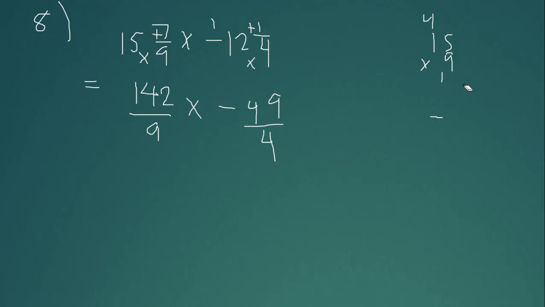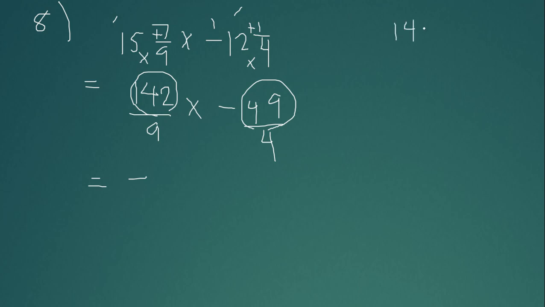Now, multiply natin yung numerator times numerator, the denominator times denominator. So, 142 times 49. This is negative kasi positive times negative is negative.